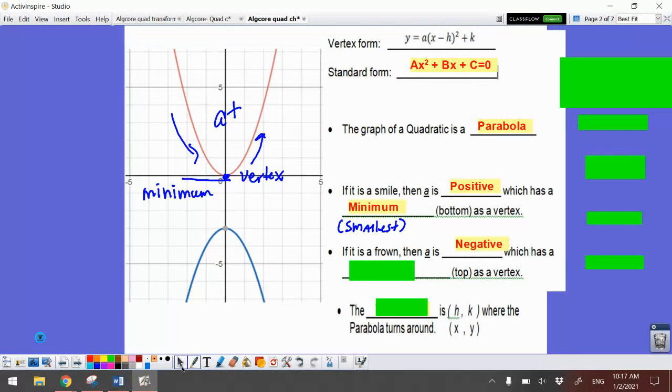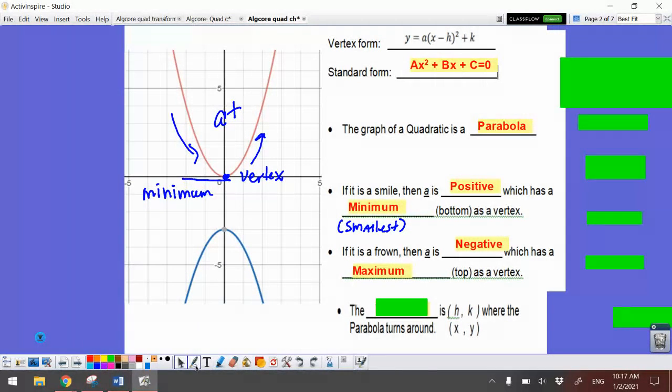So that means that our vertex, which is here, this is another vertex with a negative, that is a maximum, which means it's the top or the biggest. Okay, that's going to be the biggest number instead of the smallest number.